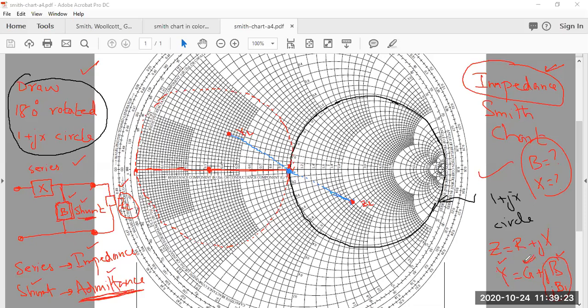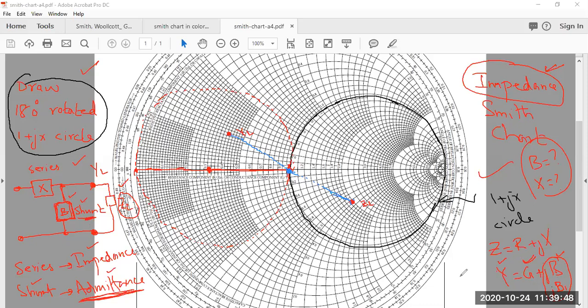G will remain constant. So if you add B to YL, because these two are connected in parallel, in a parallel configuration they are just added together. But because this is a purely reactive element, it is only going to change the imaginary value.